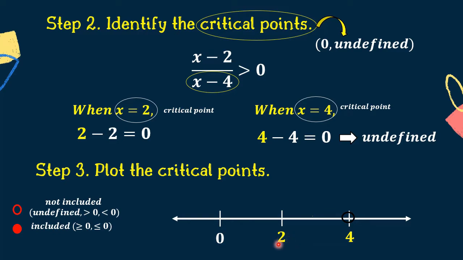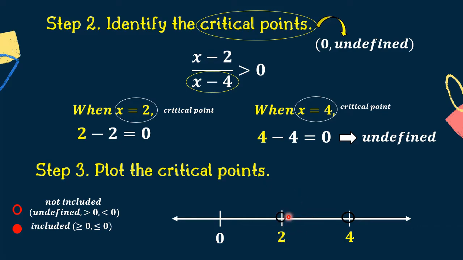Next, our 2. Kasama ba ang critical point na 2 sa ating expression, sa ating solution? So the answer is no because we have here the symbol greater than 0. So, since greater than 0 lang, walang equal to or bar sa ilalim, ibig sabihin, hindi kasama ang critical point na 2.